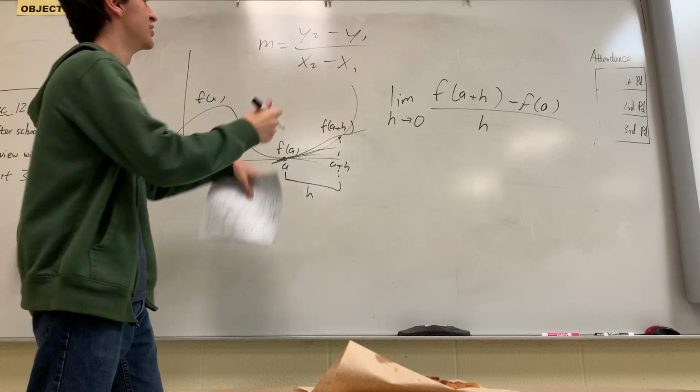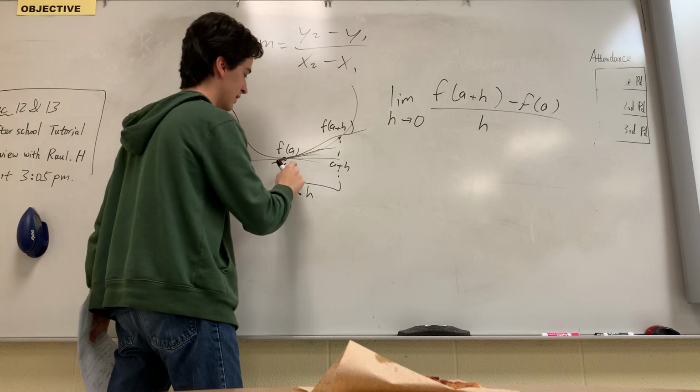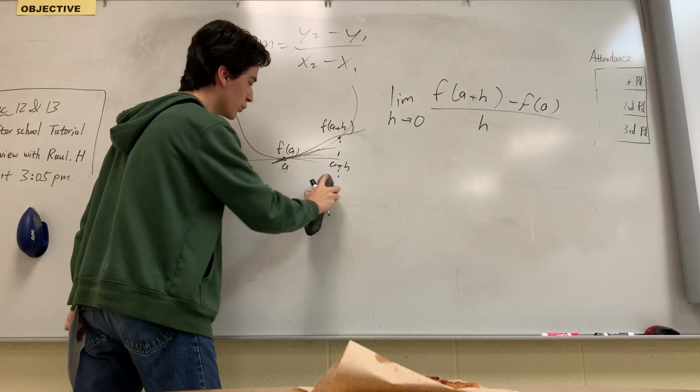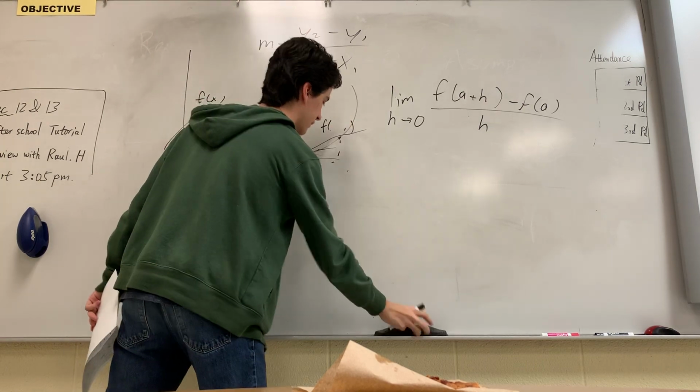And we can also just have a point where we have the a over here, but instead of going a distance h, we don't care about that distance anymore, and we're just going to call this second point x.